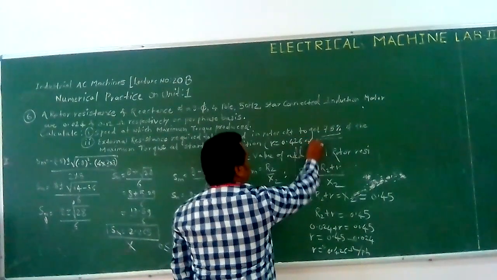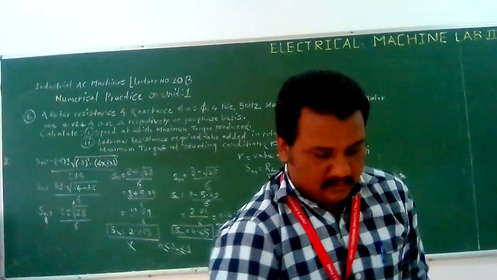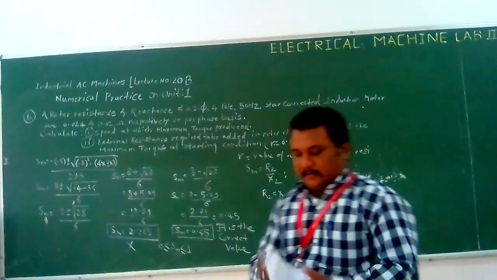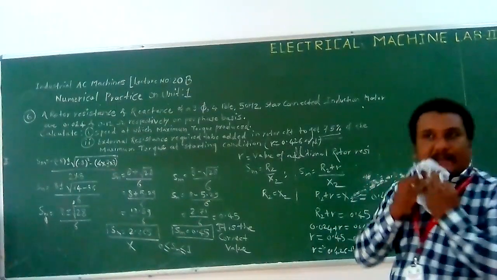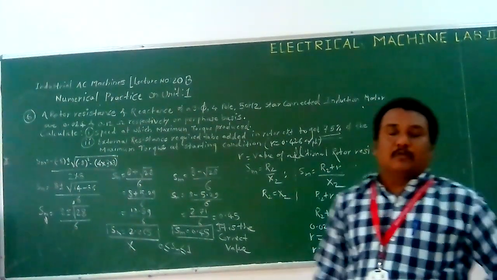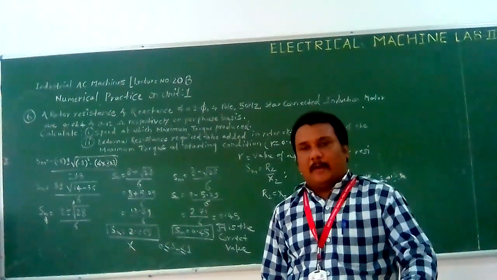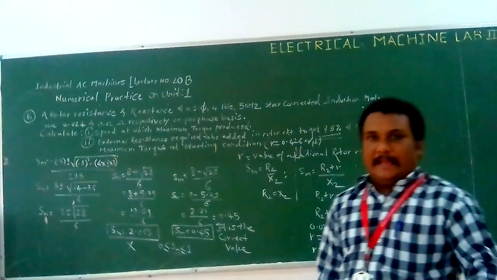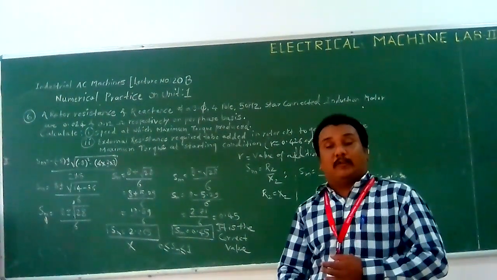Once again we are taking a revision. First of all, we calculated the synchronous speed, which is 1500 using the formula Ns is equal to 120 f upon p. Then we calculated the actual speed.